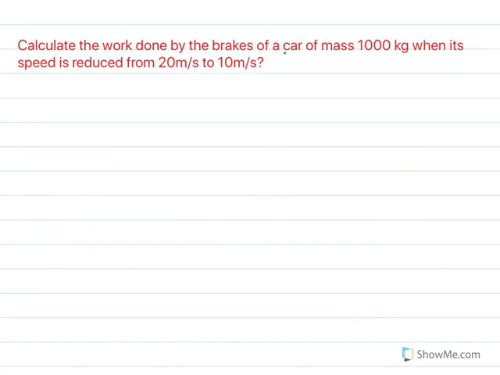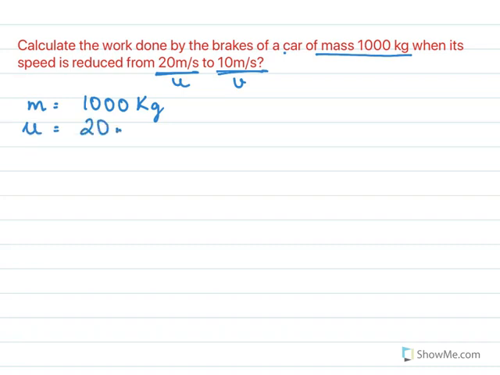Calculate the work done by the brakes of a car of mass 1000. So mass of the car, when its speed is reduced from 20 meters per second, so u, to 10 meters per second, v. Initial velocity 20 meter per second, final velocity 10 meter per second. Now once again, work done is change in kinetic energy.